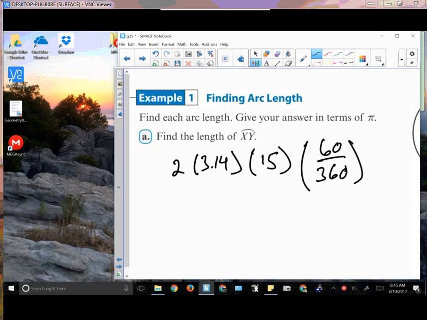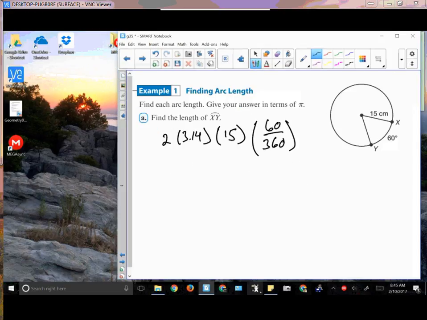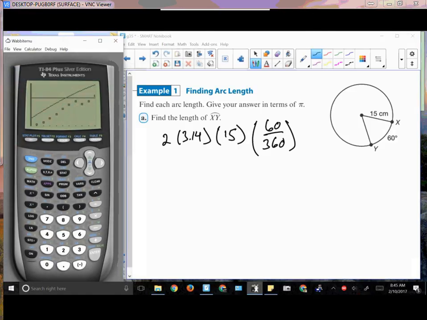So once we get it there, we can just use the calculator to go through and figure it out so you don't have to worry about messing up on the calculations. So, 2 multiplied by 3.14 multiplied by 15 multiplied by 60 divided by 360.